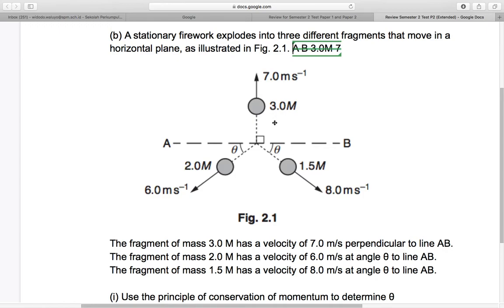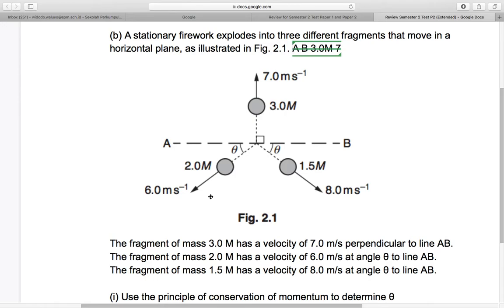This is one firework that explodes into three fragments. Two of the fragments have directions at angle theta to the horizontal AB. The mass of one particle is 2.0 m with velocity 6.0 meter second minus 1.